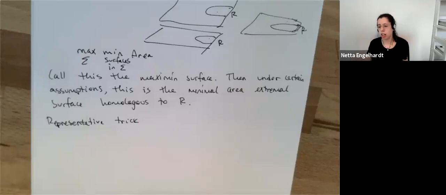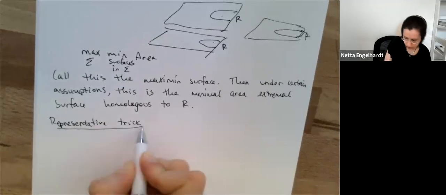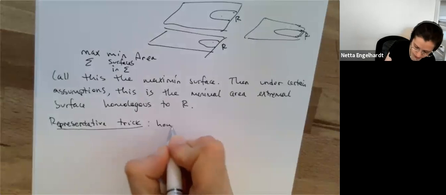That's hard. It circumvents it using the fact that we know how the area of an extremal surface changes as you evolve it along null rays. Okay, sure. So the representative trick, which does exactly that, is effectively a way of saying how to represent.